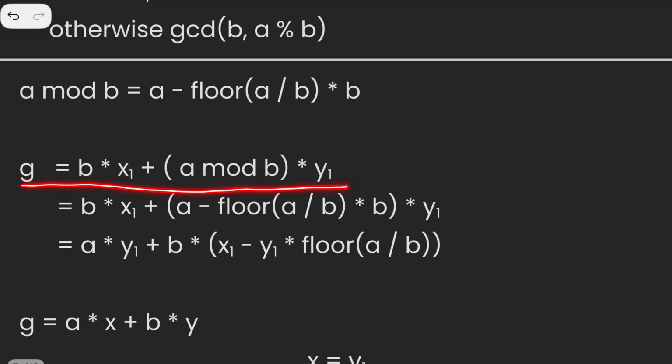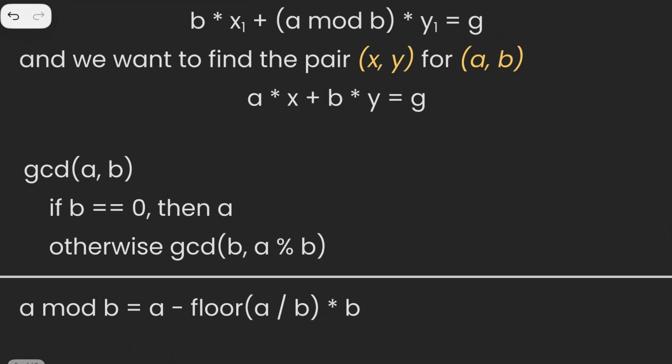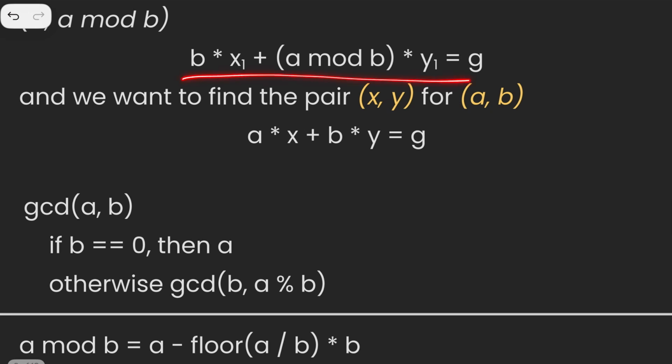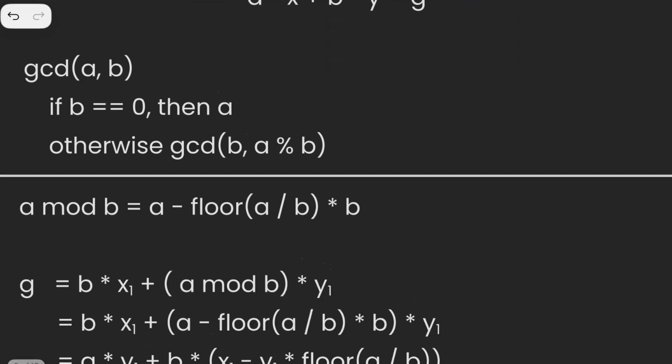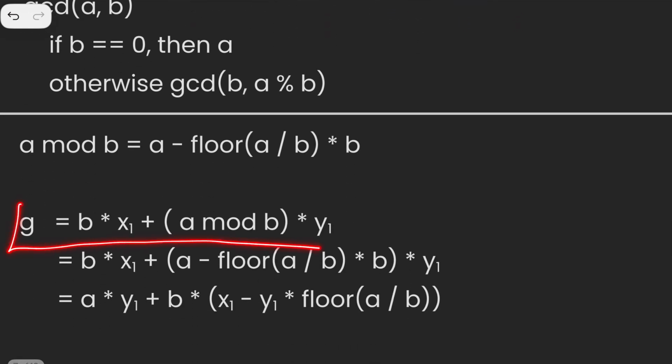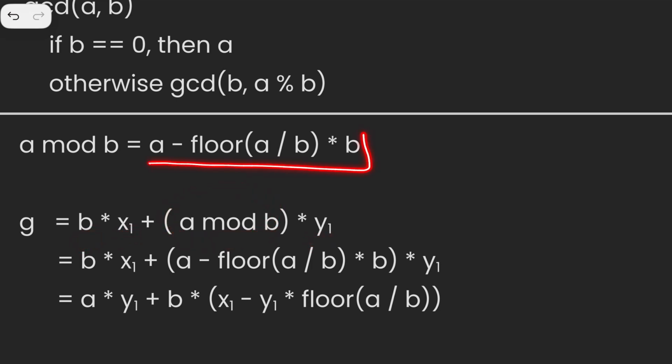So now, this was our previous equation, right? See, I have written this equation right here. So G, that is our GCD, is going to be B into x1 plus A mod B into y1. Now A mod B, we know, is going to be this. So I'm just replacing that A mod B with this.